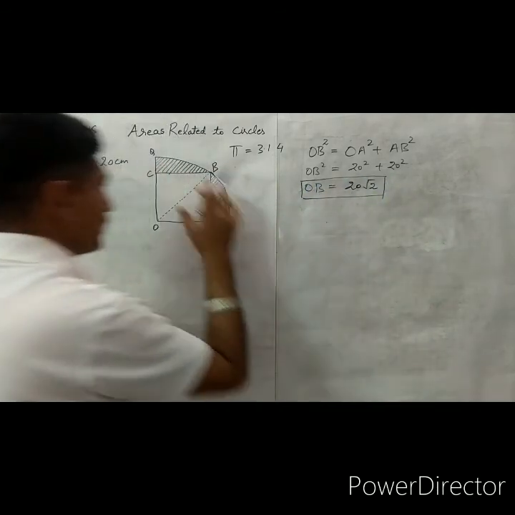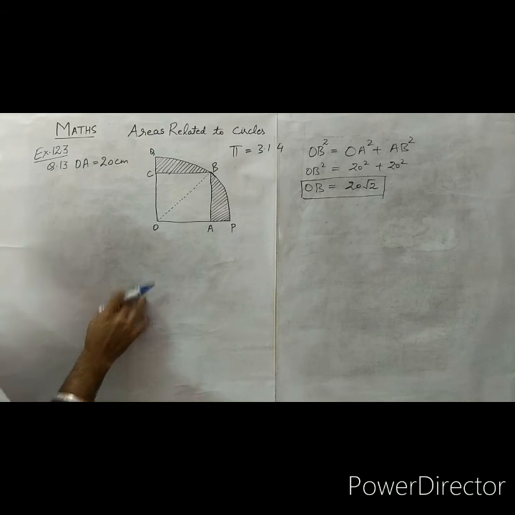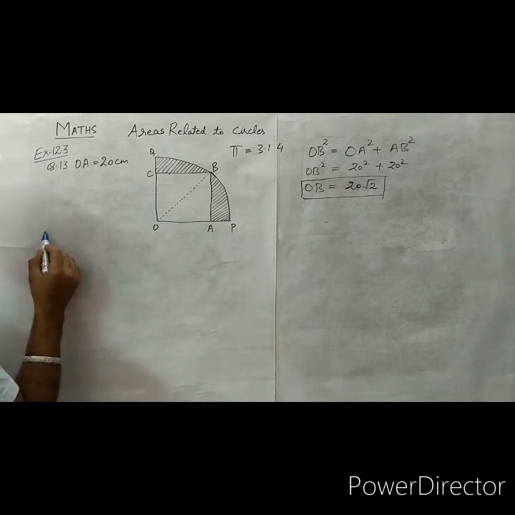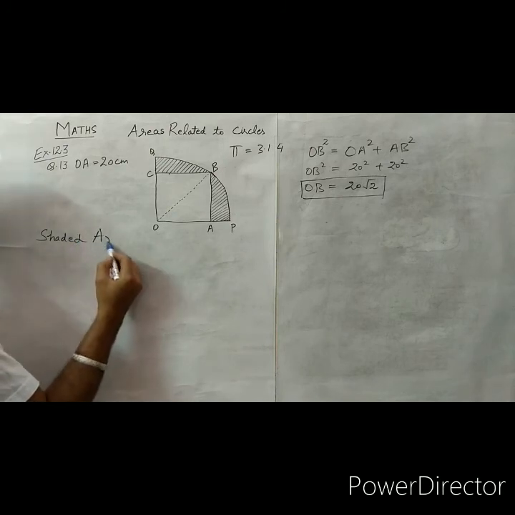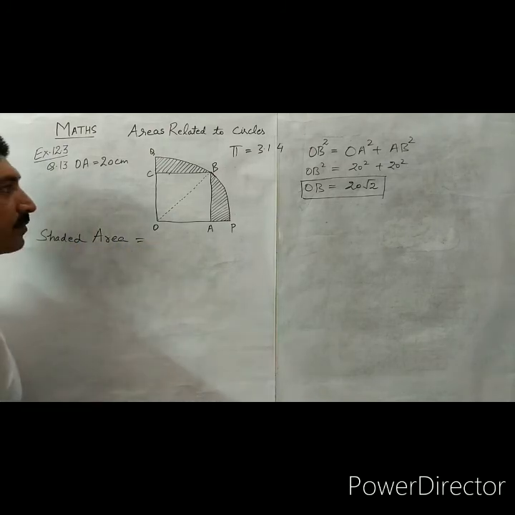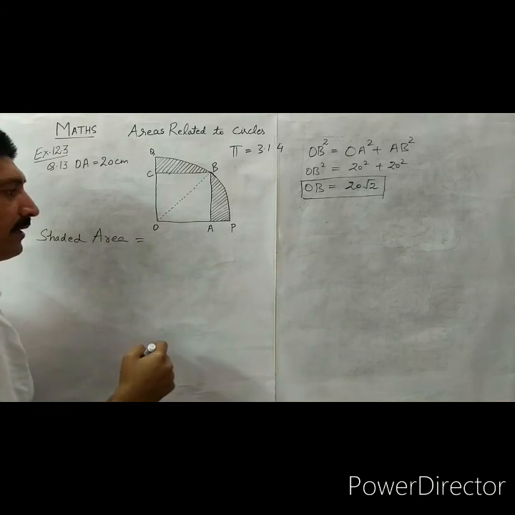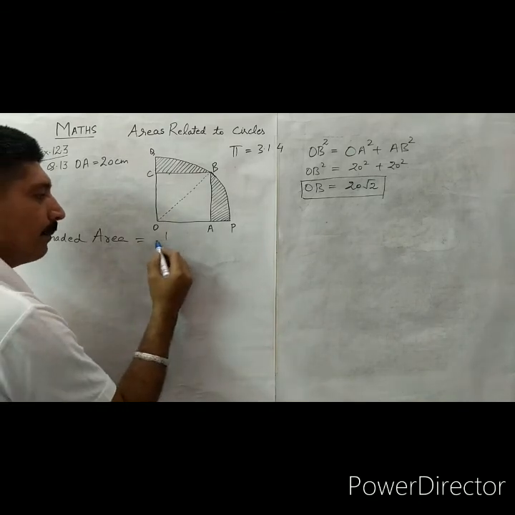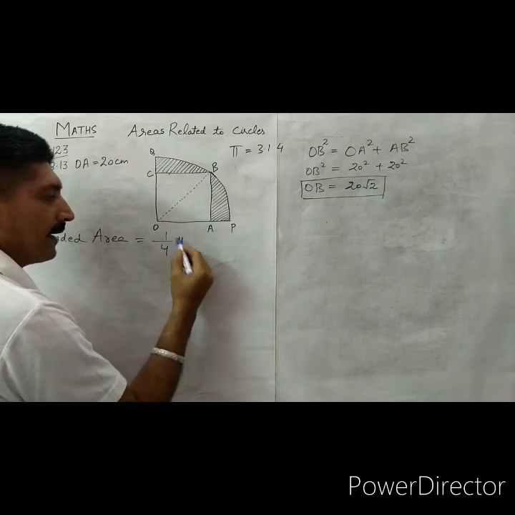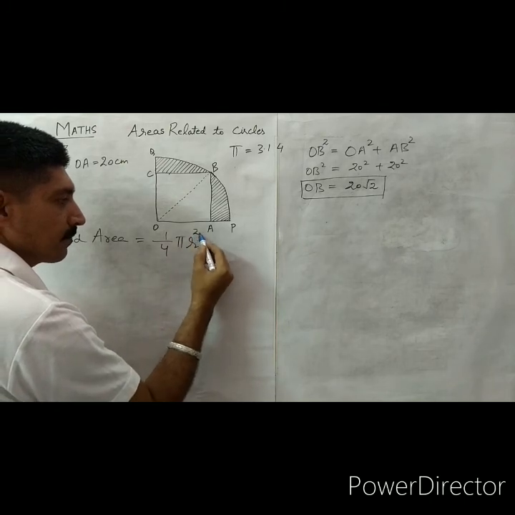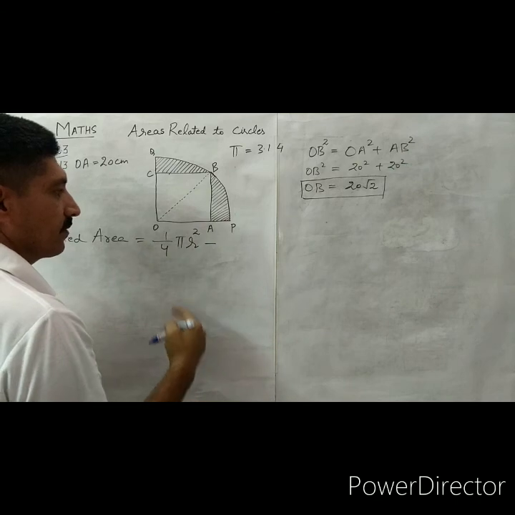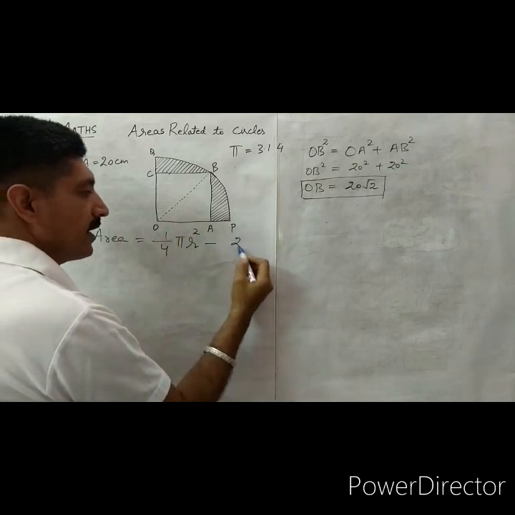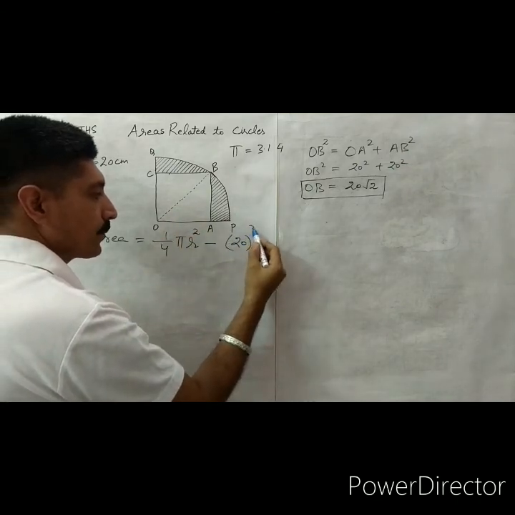Now the shaded area here is equal to the area of the quadrant, that is 1 by 4 pi r square, minus the area of the square, that is 20 whole square.